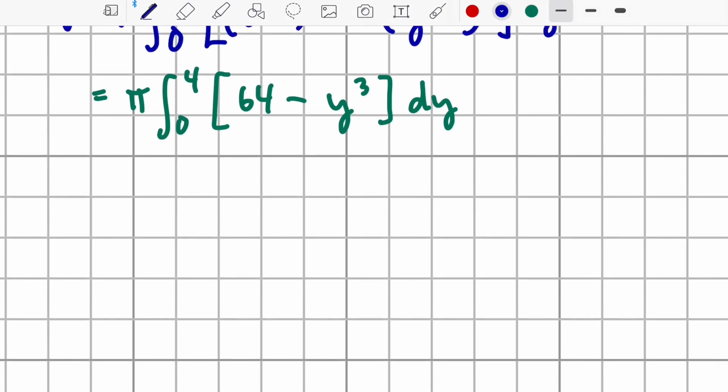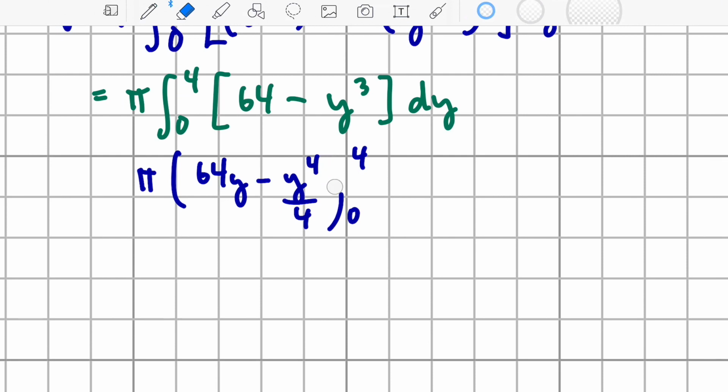Okay, so now this looks easy enough to integrate, so let's integrate it. So it'll be pi. The antiderivative of 64 with respect to y is 64y minus the antiderivative of y cubed, y to the 4th over 4. Now we're integrating from 0 to 4. Here, let me change it to a bracket so we can have continuity.